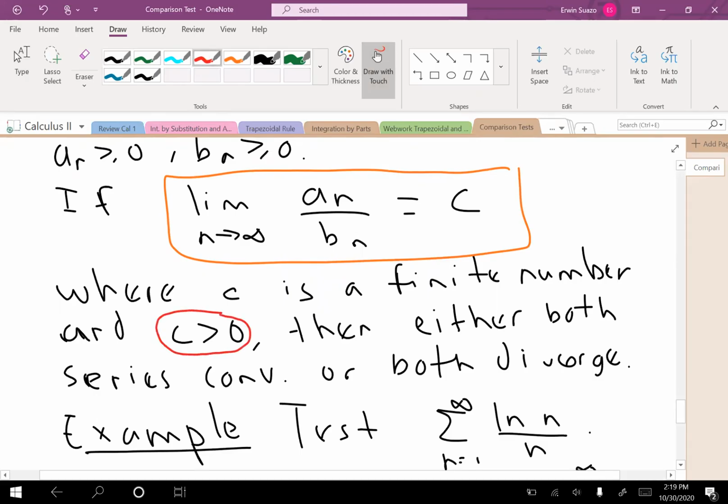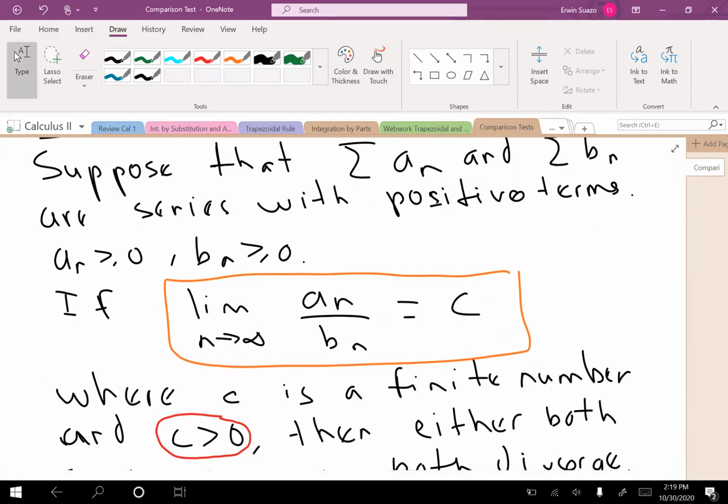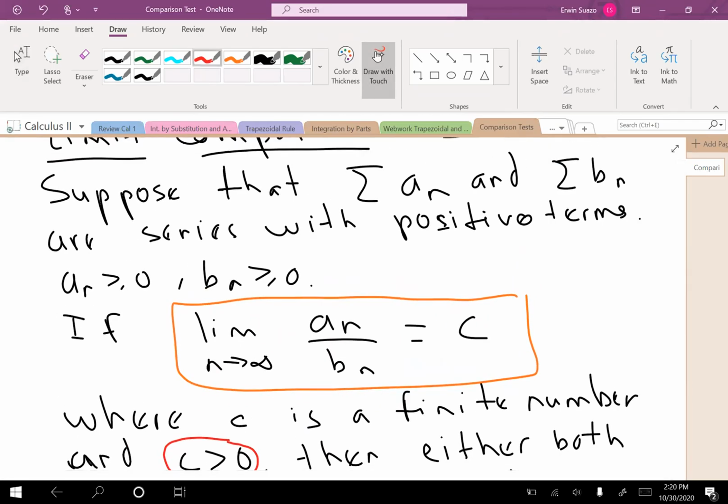So we cannot use the limit comparison test for this one. I'm going to copy paste this test, so you have to read it and be careful. c has to be bigger than 0. So in this case, it doesn't work.